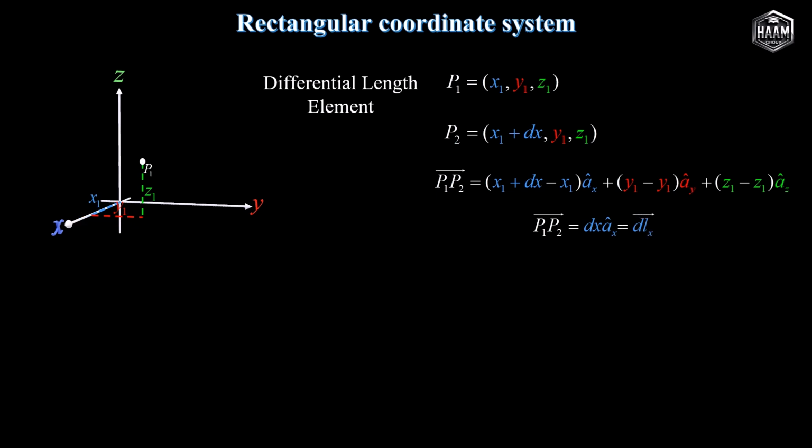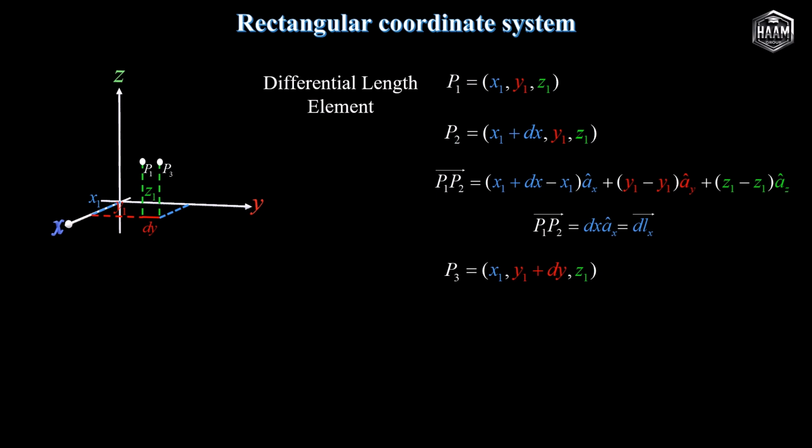We can carry out the same procedure for the y direction. Consider point P3, which is the same as point P1 except that its y coordinate has changed by an amount dy. So we change y1 to y1 plus dy, while keeping x1 and z1 fixed to obtain this point.